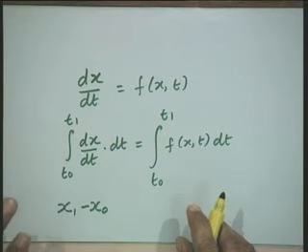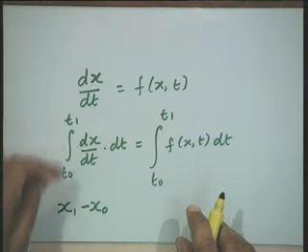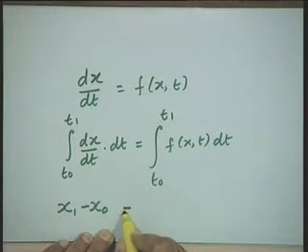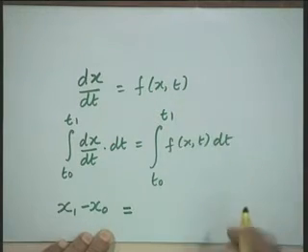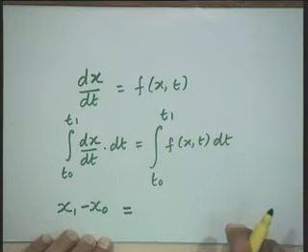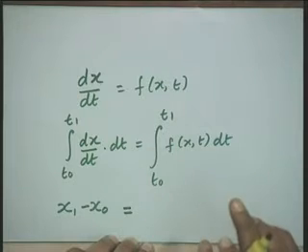I am integrating dx by dt with respect to t, so it becomes the integration of dx only. At t equal to t naught its value is x naught, and at t equal to t1 its value is x1. What is the integral of this function? This is the area under this curve from t naught to t1.